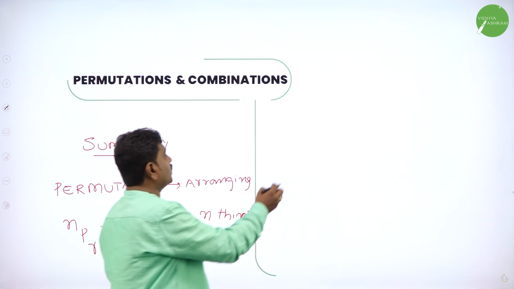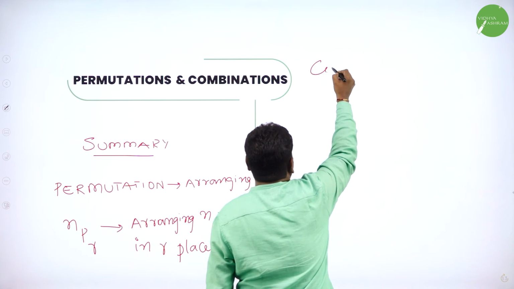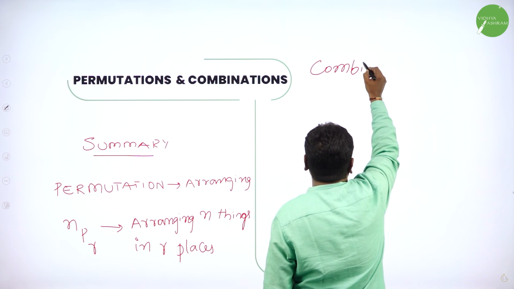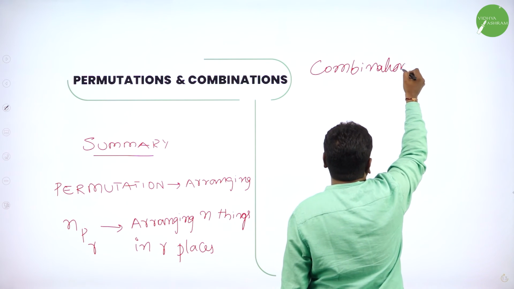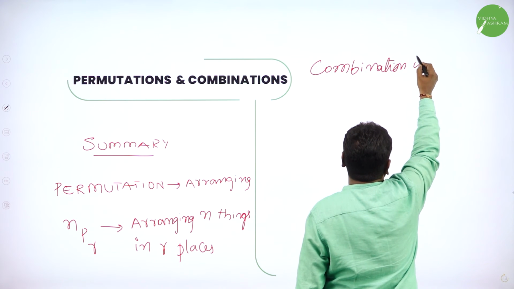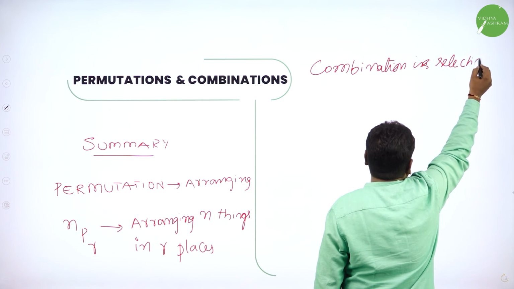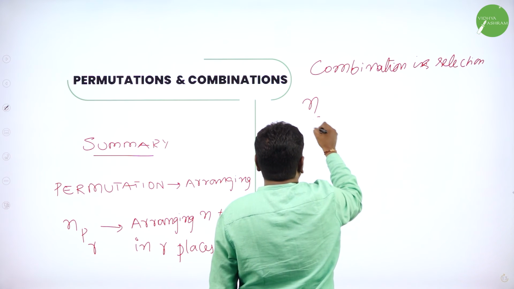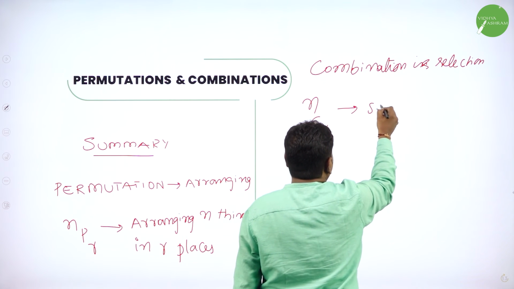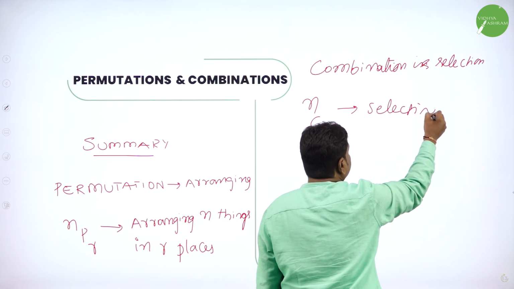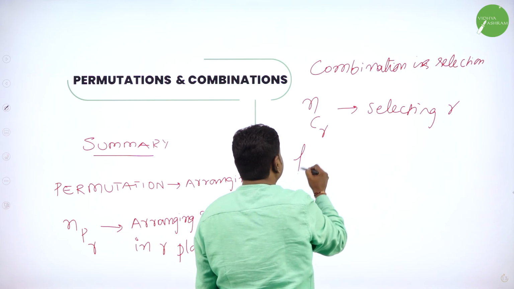And combination is selection. Combination is a part of selection. What is it? nCr, which means selecting r from n. Selecting r from n.